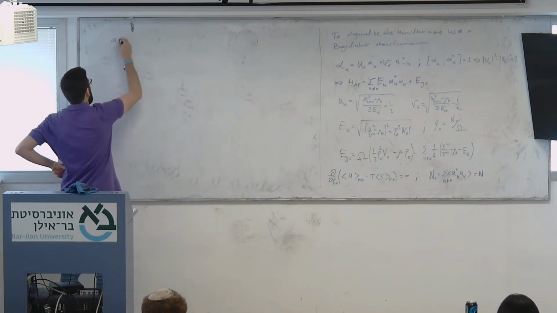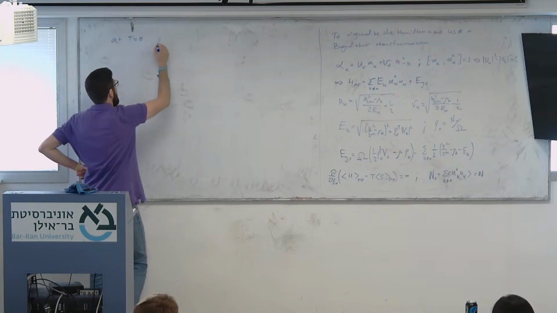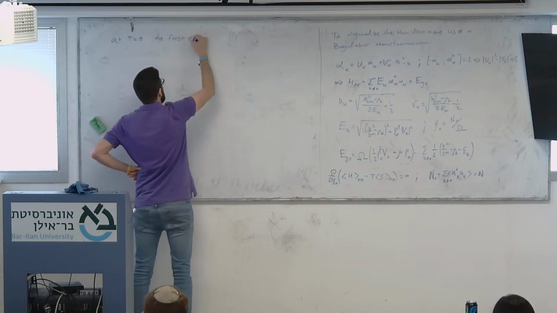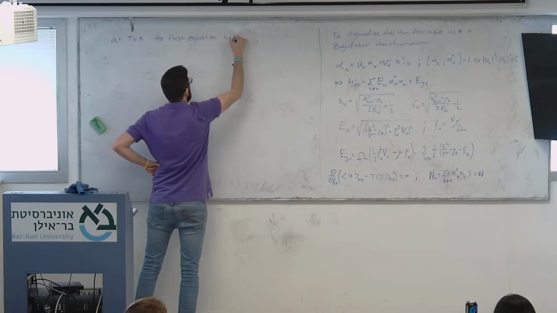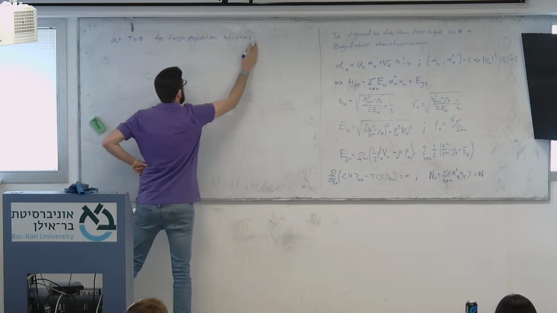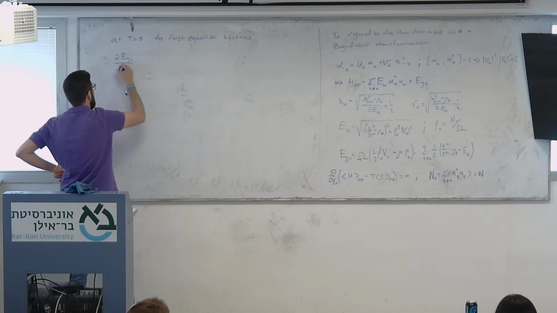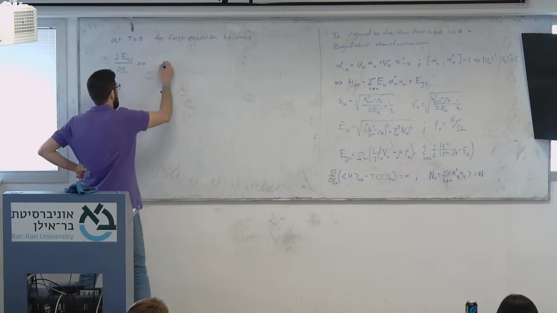Okay, at t equal to 0, the first equation becomes dE ground state over d rho naught equal to 0.